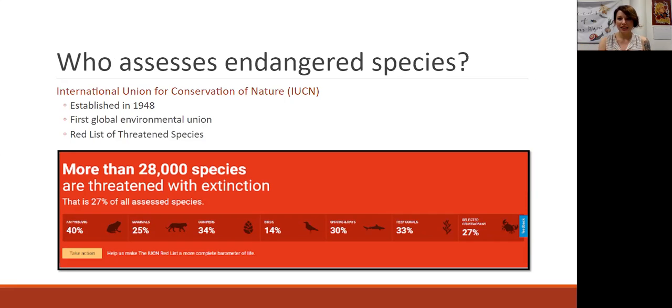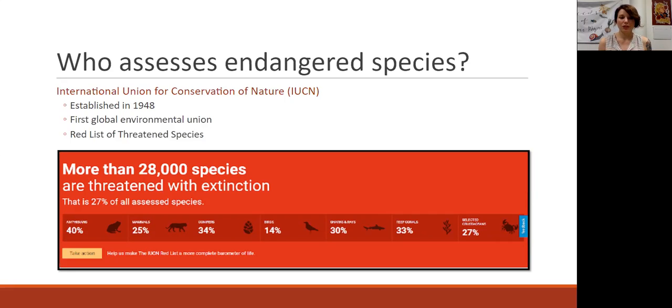So this little diagram down at the bottom gives a baseline of the kinds of species that this group looks at and how endangered they are. Right now there's more than 28,000 species threatened with extinction. And notice that it says 27% of all assessed species. So that's a pretty big number there. And it breaks it down further.